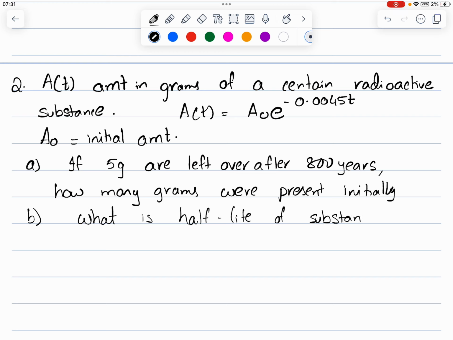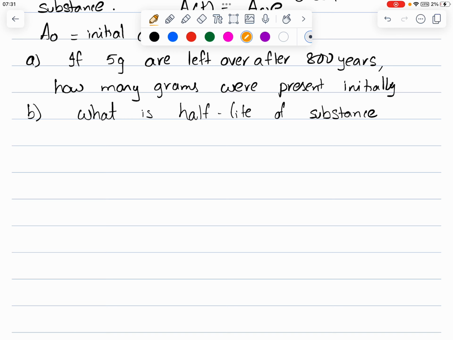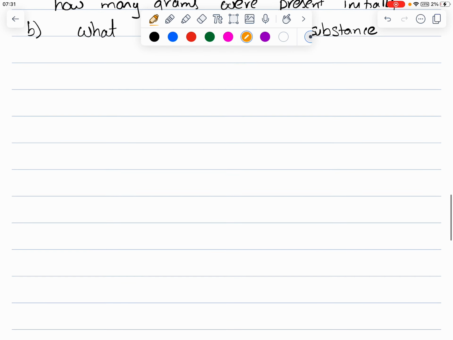So how should I solve this question? We are starting with 5 grams after 800 years. For part A, the equation is A(t) equals A naught e power minus 0.0045 t.